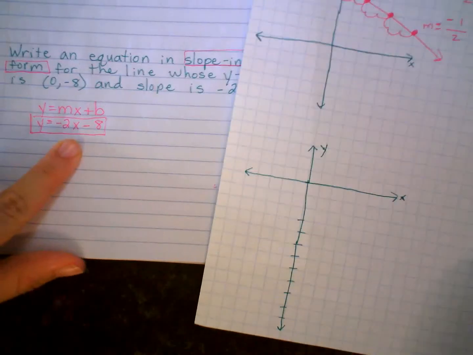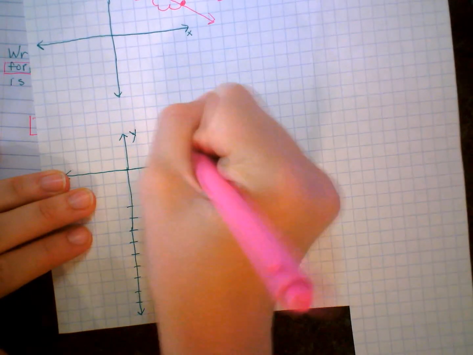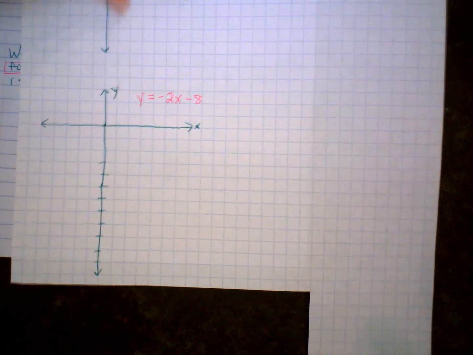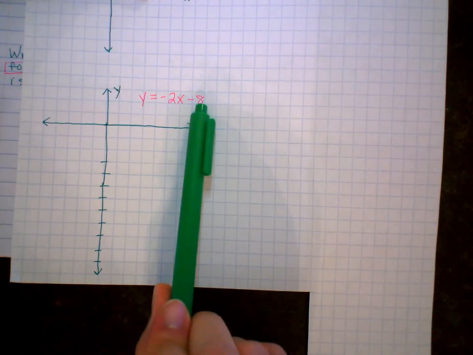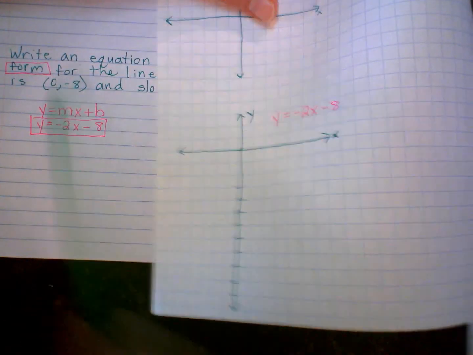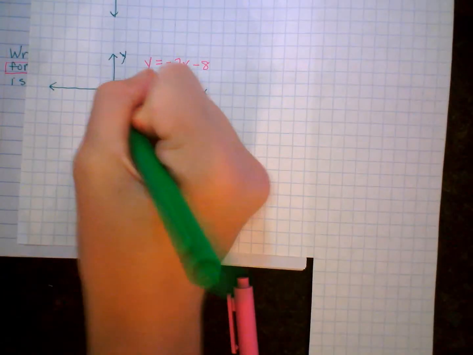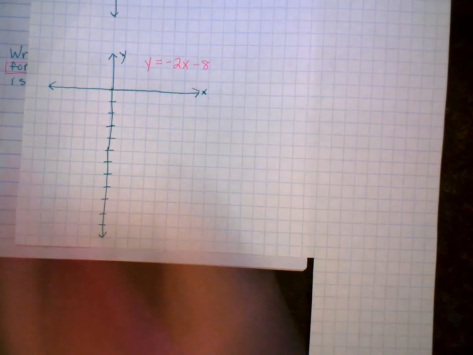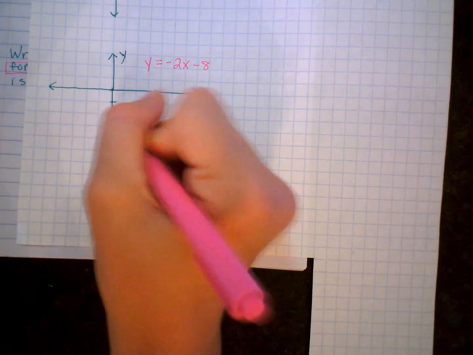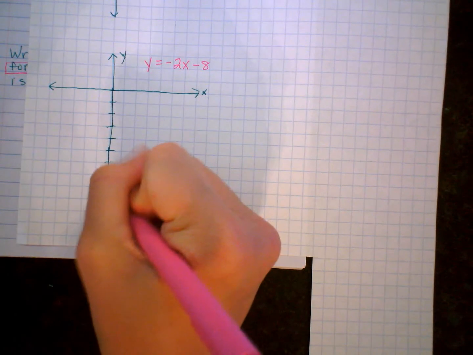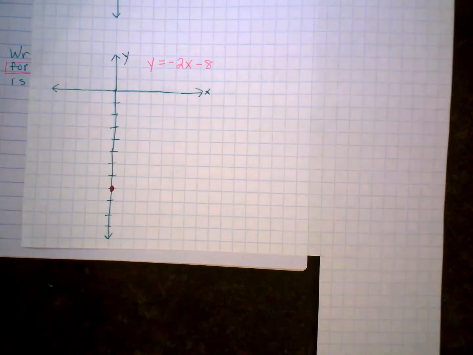We wrote y equals negative 2x minus 8 because we knew that our y-intercept is negative 8. The y-intercept is at (0, -8). So let's start there. That's your starting point. 1, 2, 3, 4, 5, 6, 7, 8. All right, we are at (0, -8).